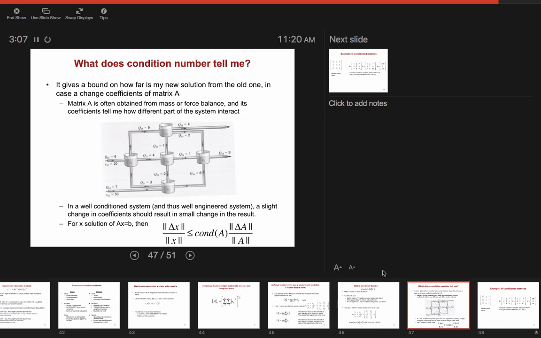So anyway, the idea is that a slight change in matrix A really implies a slight change, say, in the radii of these pipes. And I physically don't want that to influence my solution much, because it's not a well-designed system then. Sometimes these slight changes, if I'm an engineer, will be there by deposition of stuff.